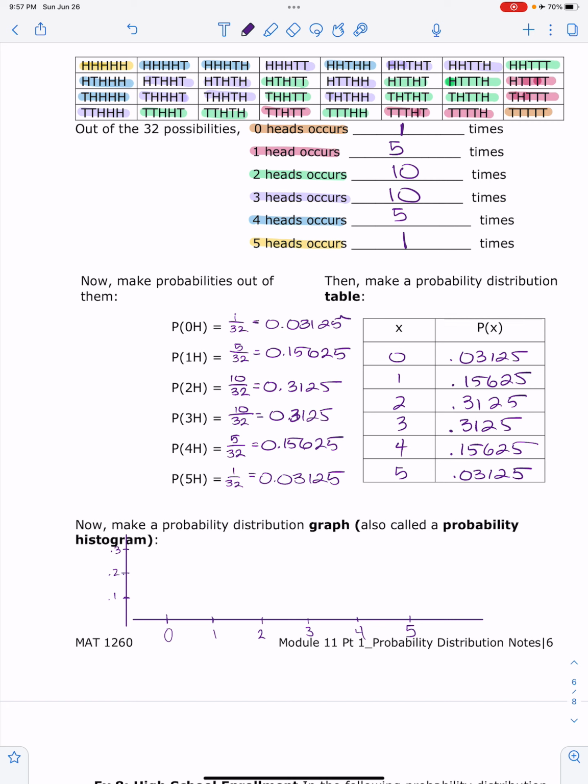So 0.03, I'm going to go about halfway below the 0 to halfway above. This is still a histogram, so these need to touch. Granted, I'm not going to get half a head.